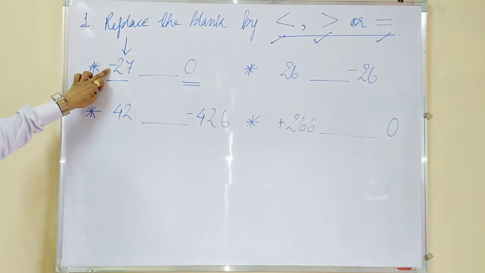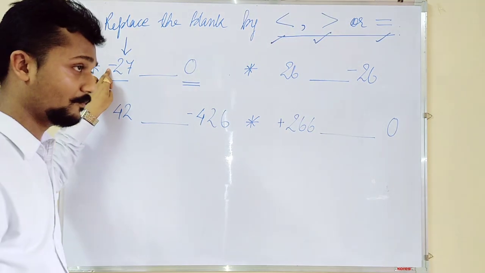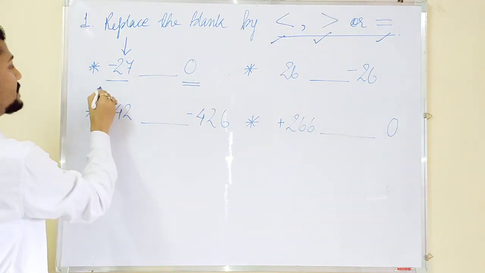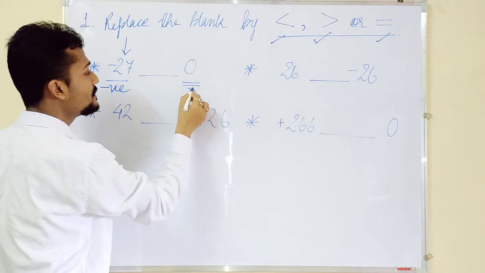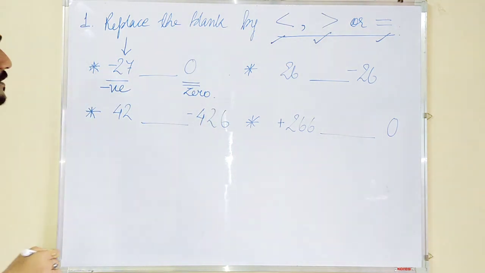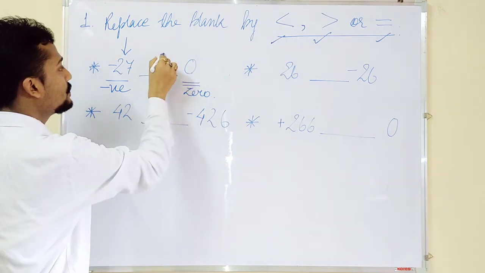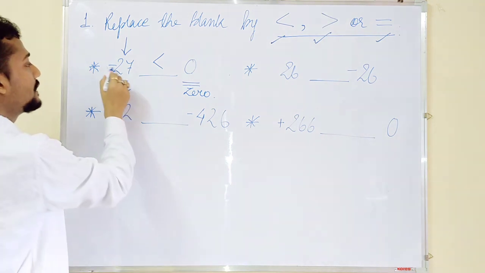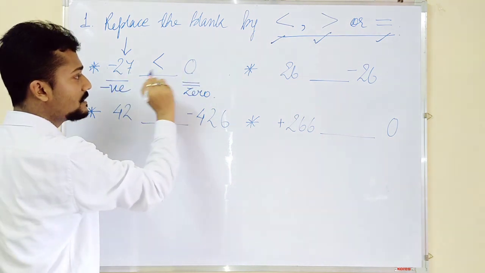But here one sign is given, that is minus. So this is negative, isn't it? And this one is 0. We know that every negative integer is smaller than 0. That means we are going to put the smaller than sign. That means minus 27 is smaller than 0.